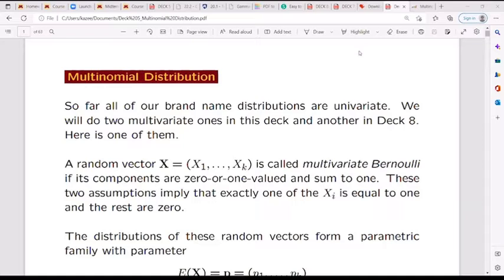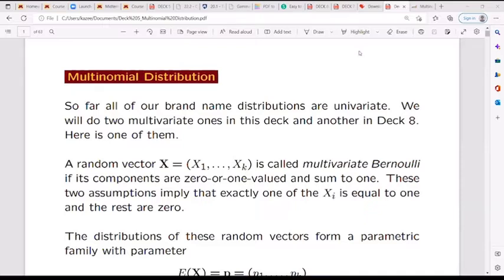So when you perform an experiment once, maybe you have one trial, and there are two possible outcomes, of course we are going to use Bernoulli distribution. Now, in a situation where the number of trials is more than one, and we still have two possible outcomes, we basically have binomial distribution.